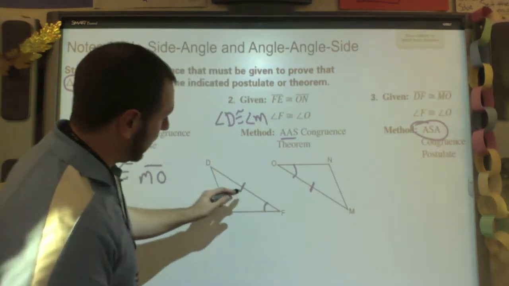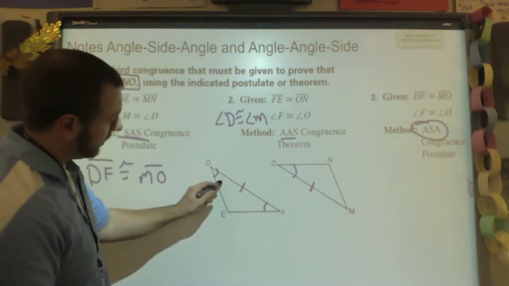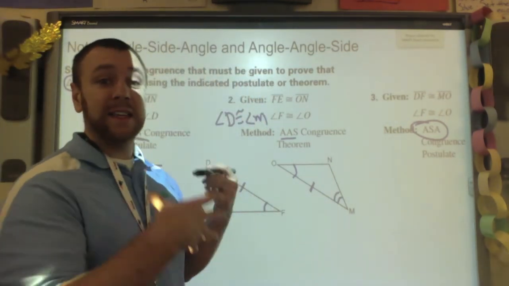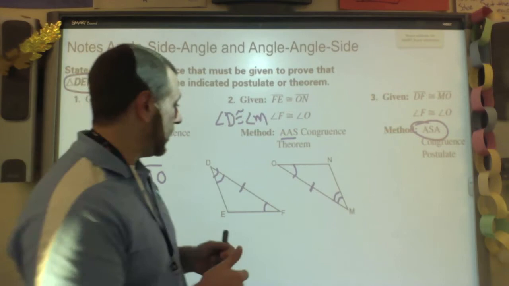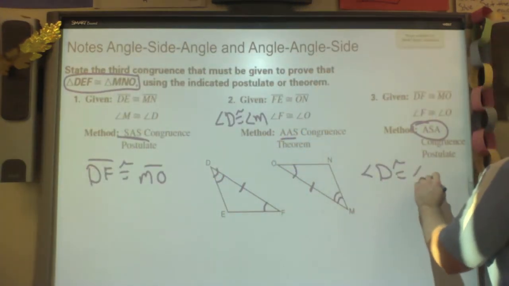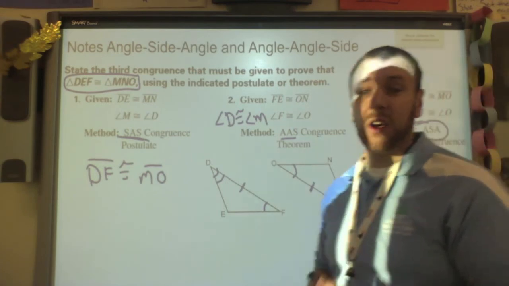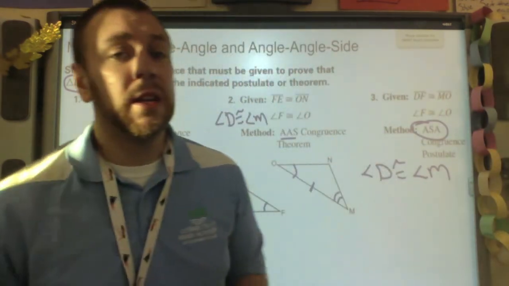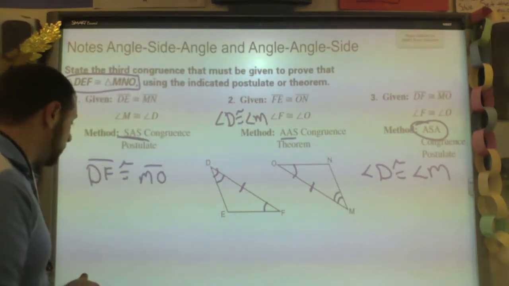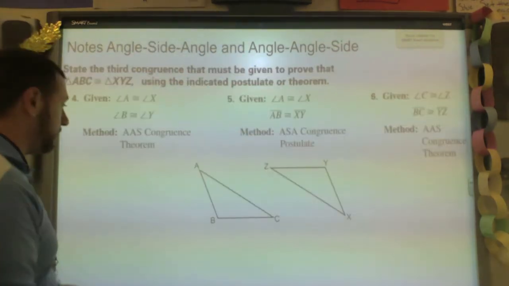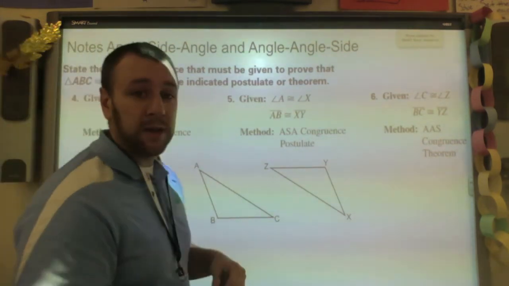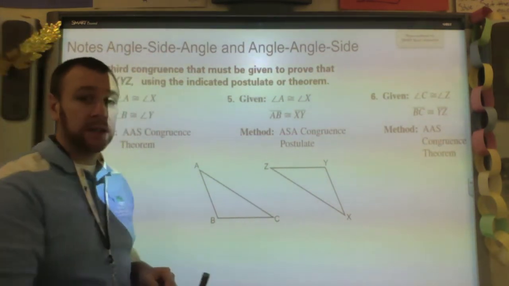So the other angle has to be angle D and angle M. So that side is in between those 2 angles. So I would need angle D is congruent to angle M. And it all depends on the order. That's the biggest thing, is the order that you do. So it's the same process for these next 3. Just make sure that you label the diagram and you use pencil, and then you erase as you go.